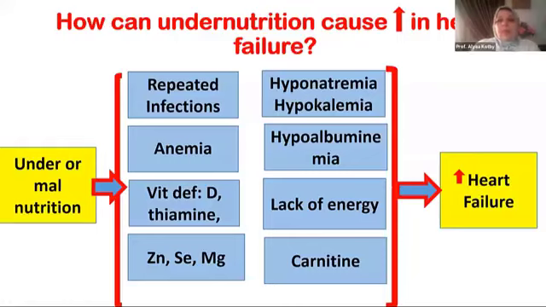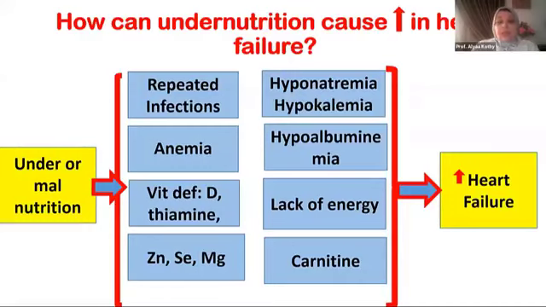When we have intractable heart failure, we ask, please exclude anemia, electrolyte imbalance, and hypoalbuminemia. These three, when present in undernutrition, increase the heart failure and precipitate heart failure. Vitamin D is very important. We have found it to be very defective and affecting the myocardial functions in patients with cardiomyopathy, and we have published this in the literature.